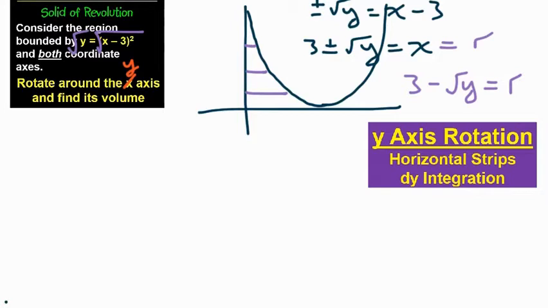Well, a dy integration is going to involve the y values. So now your eyes want to be looking at the lowest and highest y value, as opposed to, as in the other problem, the x values. Now, this blue dot down here would still be y equals 0, but this blue dot up here, maybe you saw on your calculator, would be y equals 9.